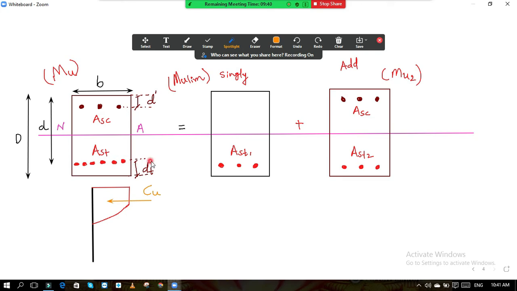At this level, tensile force will be there. So here at this level, your tensile force will be there, total tensile force, and this we call it T.